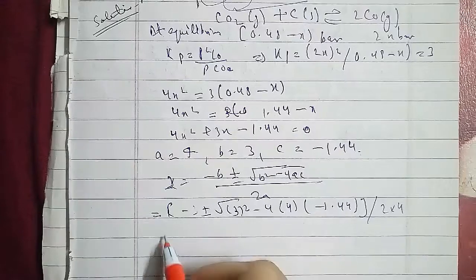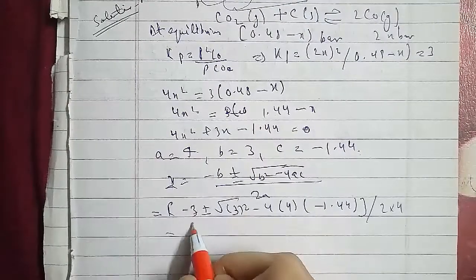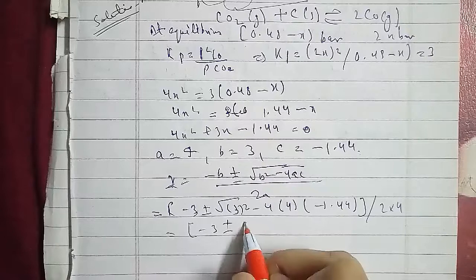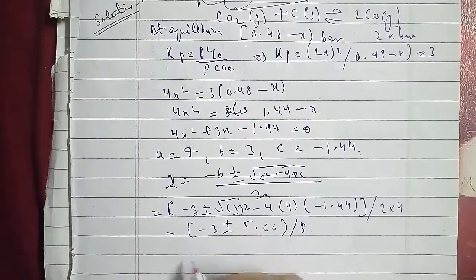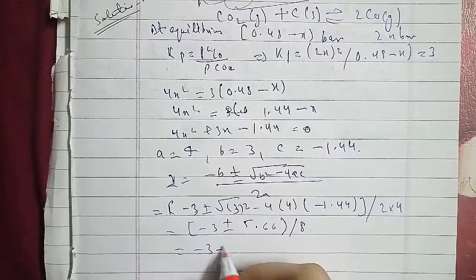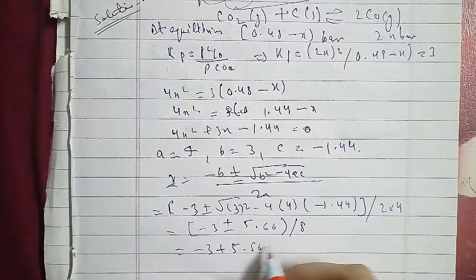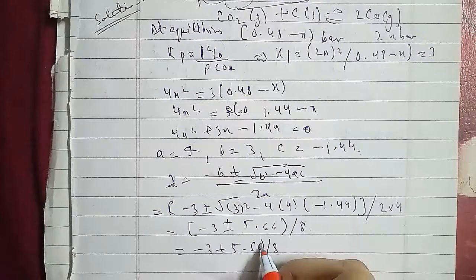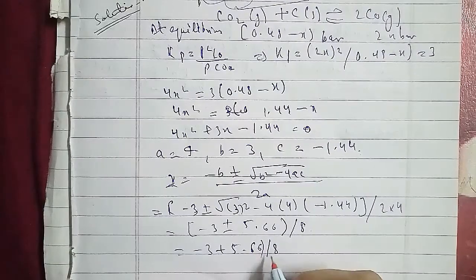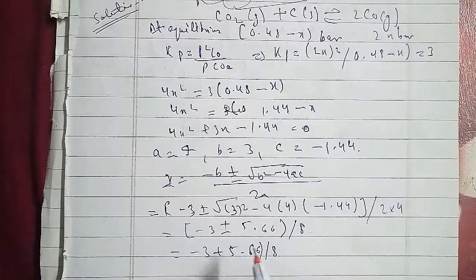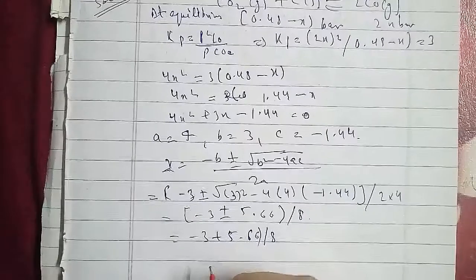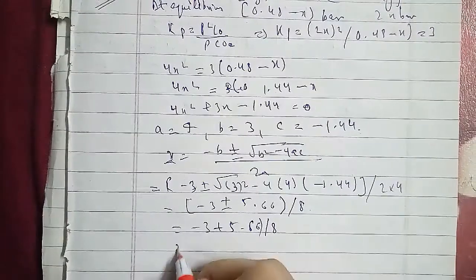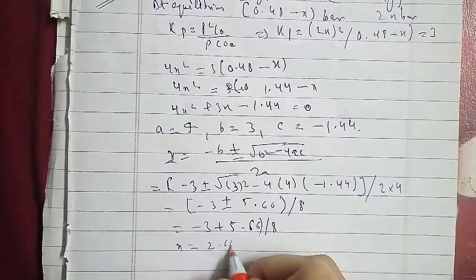So we'll further solve it and find minus 3 plus or minus 5.66, divided by 8, that is minus 3 plus 5.66 by 8. Since the value of x cannot be negative, we neglect the negative value, and x equals 2.66 by 8, which is 0.33.